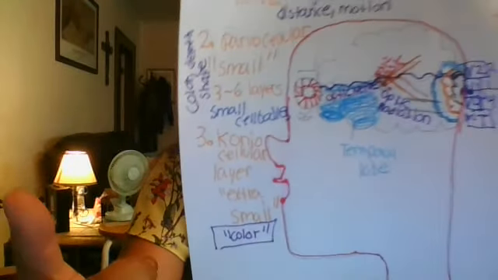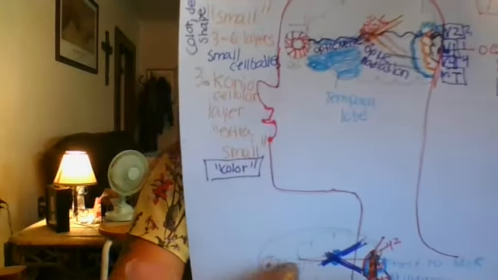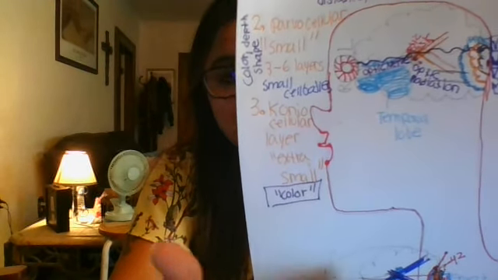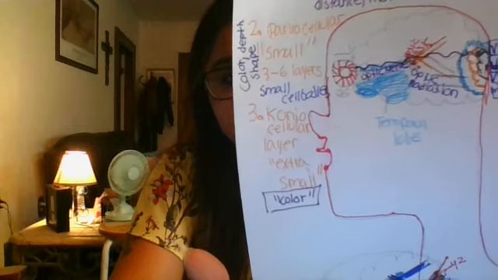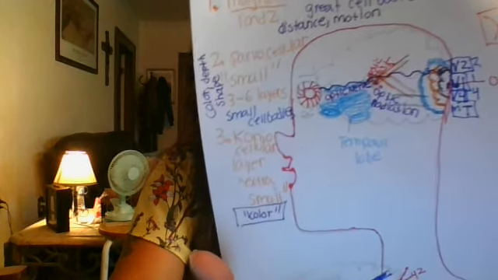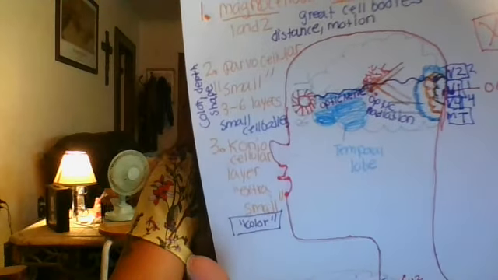So I've got my eye, my optic nerve, which carries all the axons from the retina into the optic disc, and then the optic disc sends signals to the chiasm.